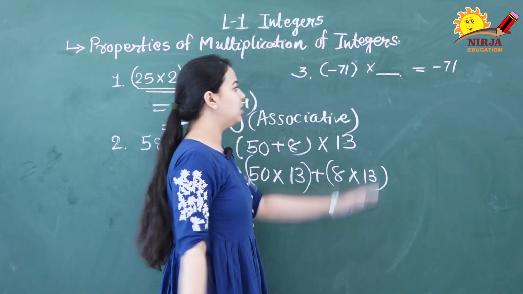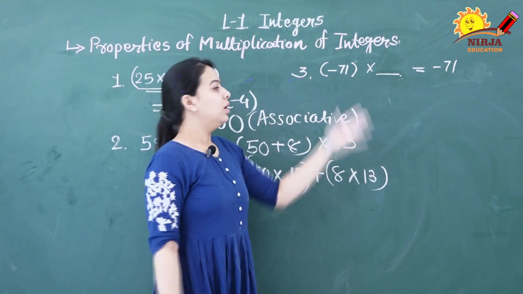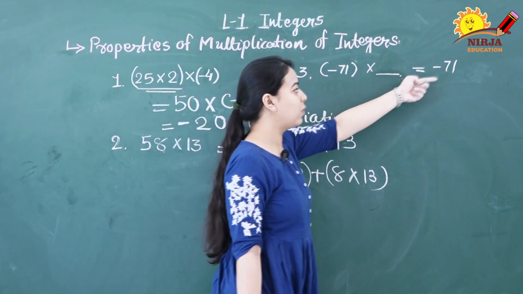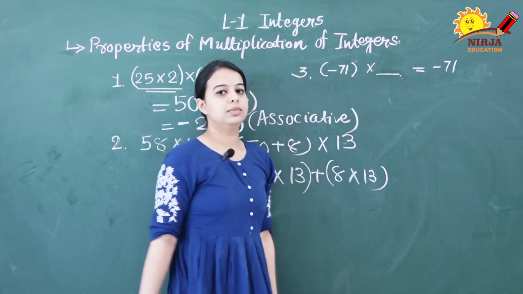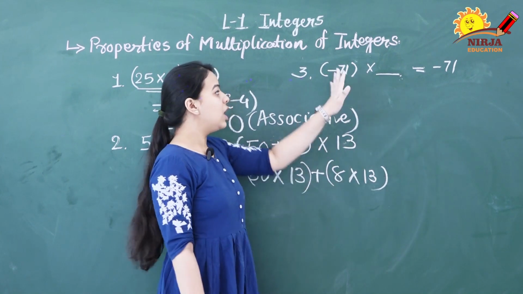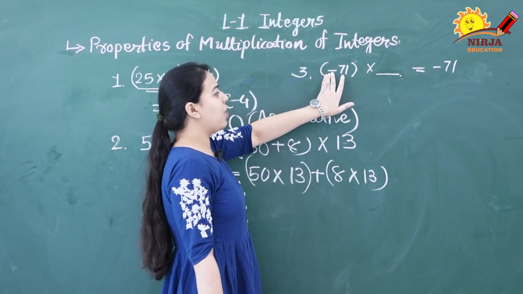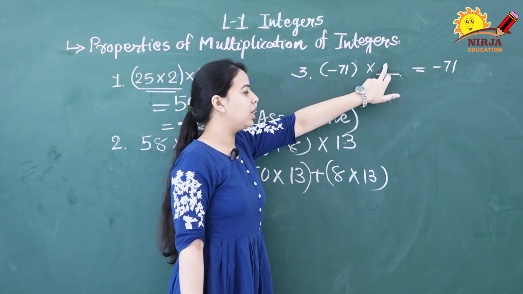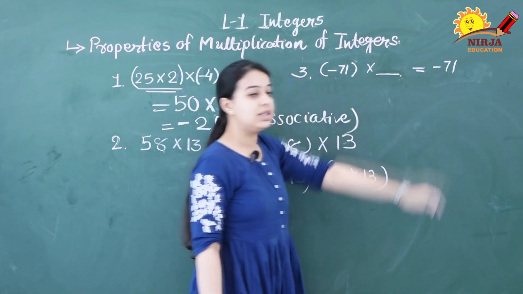Let's move toward the last example. Minus 71 multiplied by blank is equal to minus 71. Now what should come in this blank? If you have noticed, if I multiply this number with anything over here, I am getting the number itself.